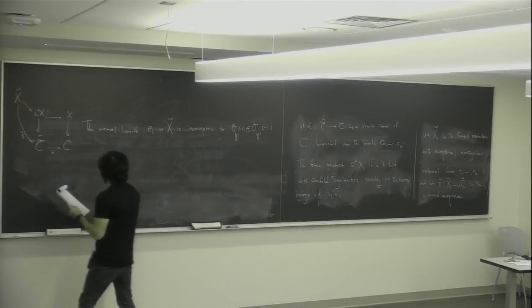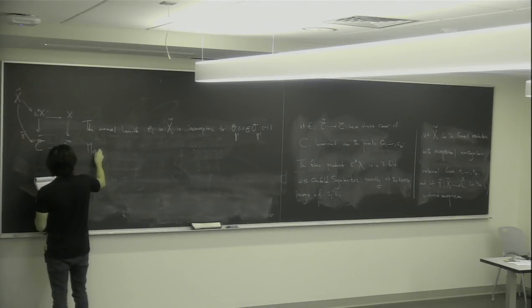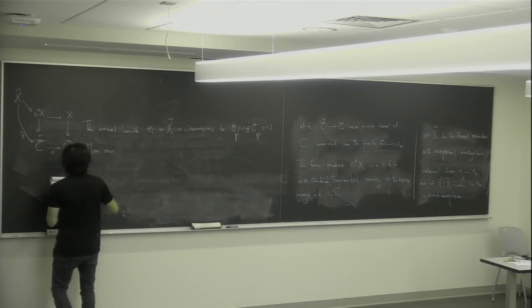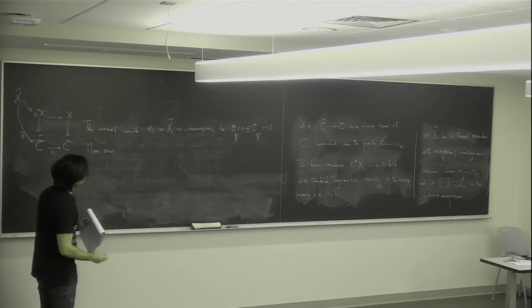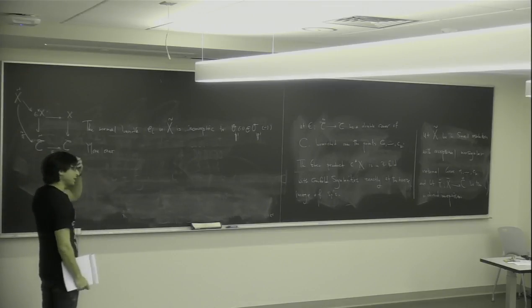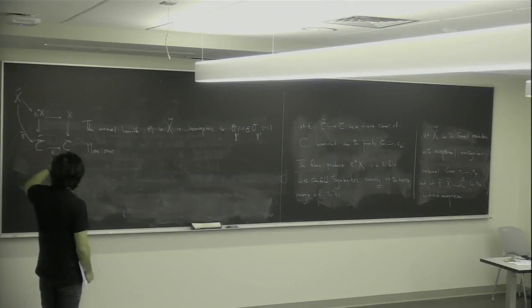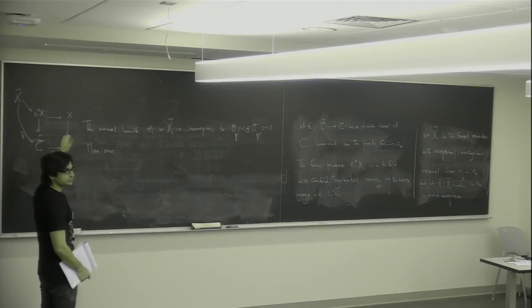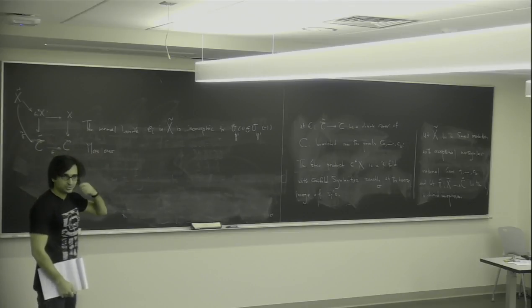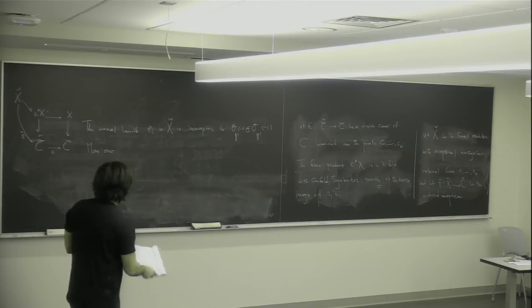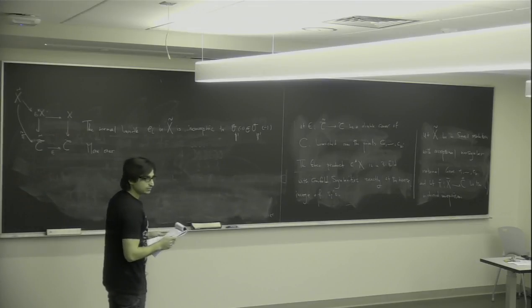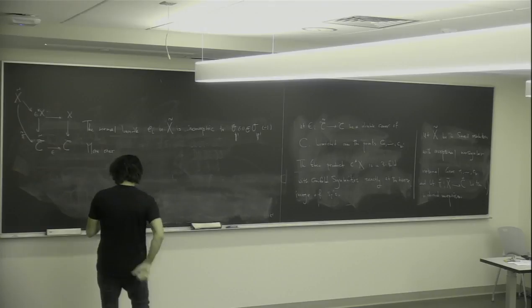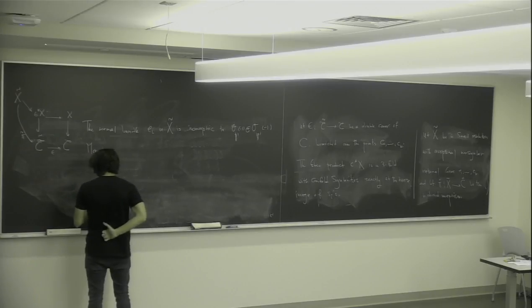And moreover, now you can also do something else, which is, this is one way of getting a smooth fibration out of this. We want to do another thing also. So this is the other threefold we want to construct.